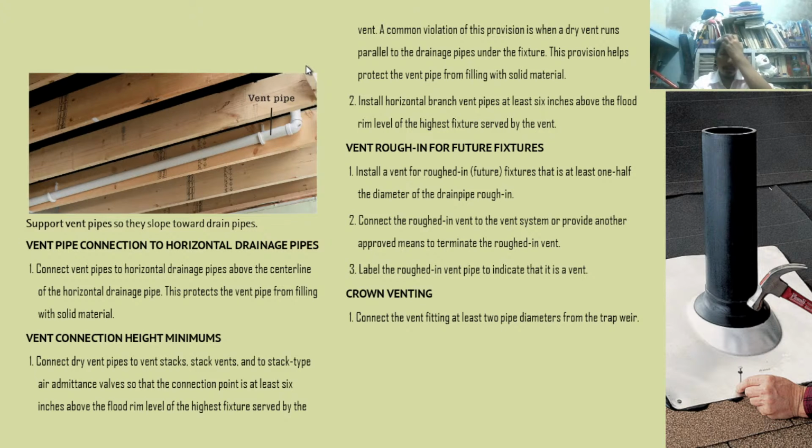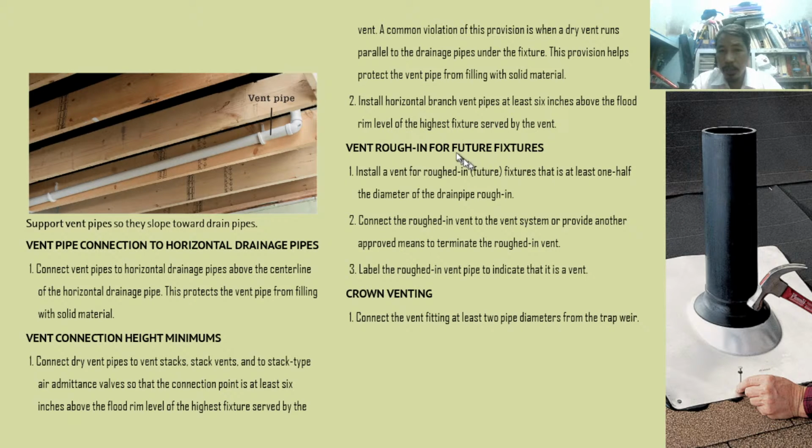So that is for wet vents. But for a dry vent, it is not really necessary, but we cannot control that from happening, so it is provided in the code to have the proper sloping of this pipe.